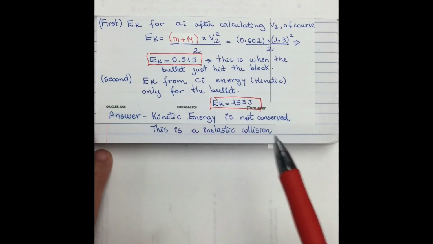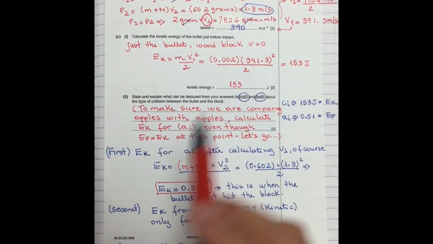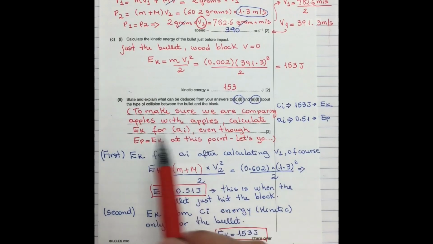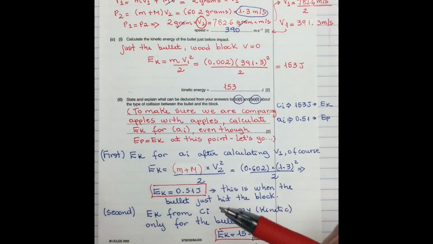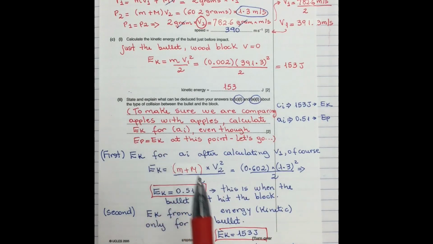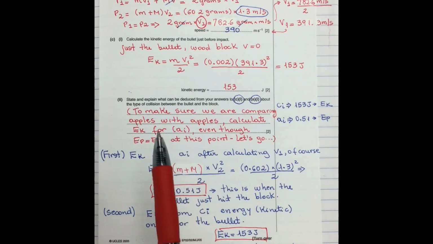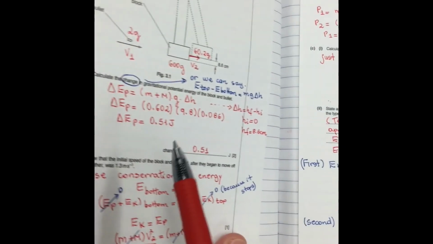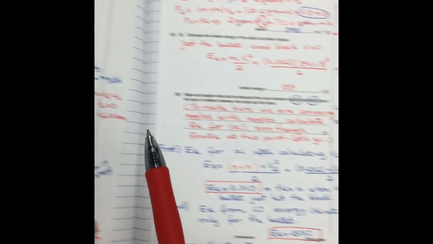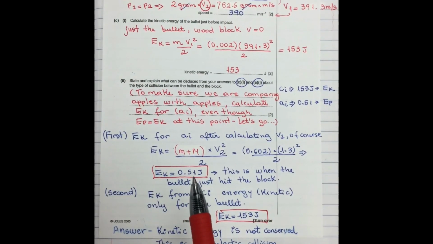Basically, what I did here is that in order to compare apples with apples, kinetic energy with kinetic energy, I calculated from A I the kinetic energy because we had potential energy there. So I wanted to calculate in kinetic energy.